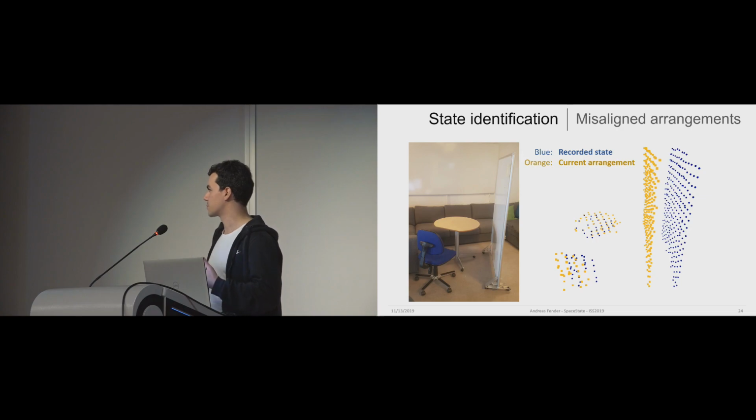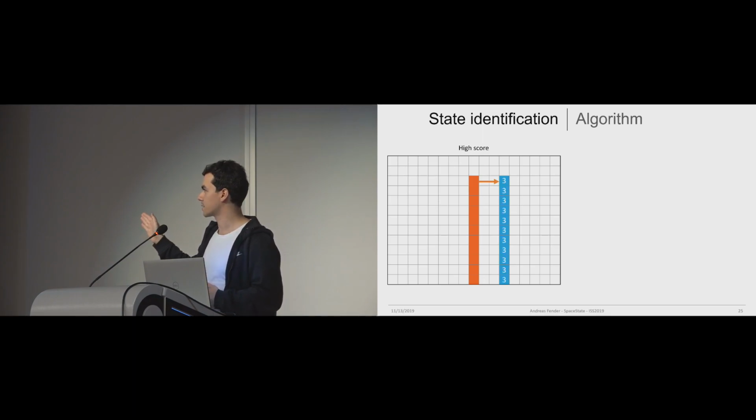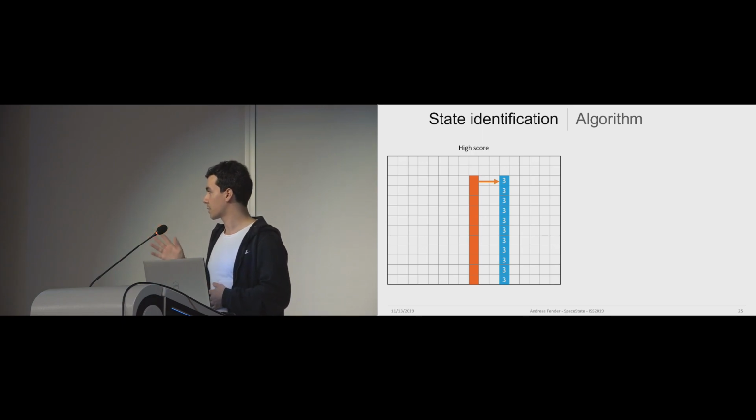So you need to do some more to be robust towards misalignments. And the way the algorithm does that, again, is by storing the score on the captured voxels and not on the current captured point clouds.